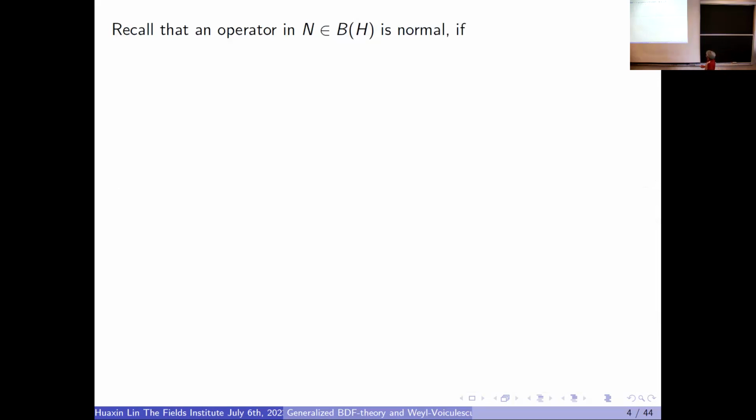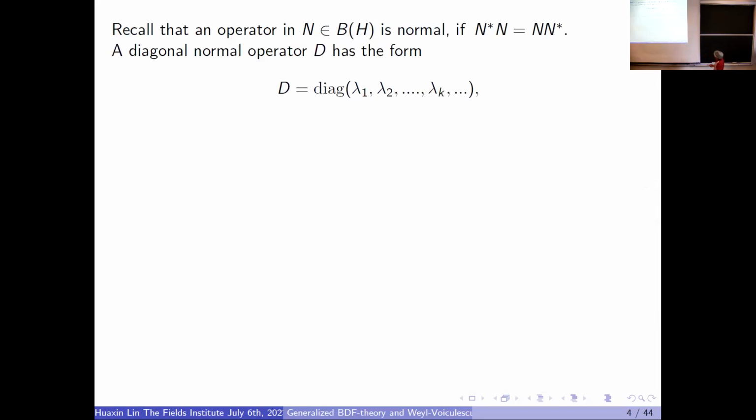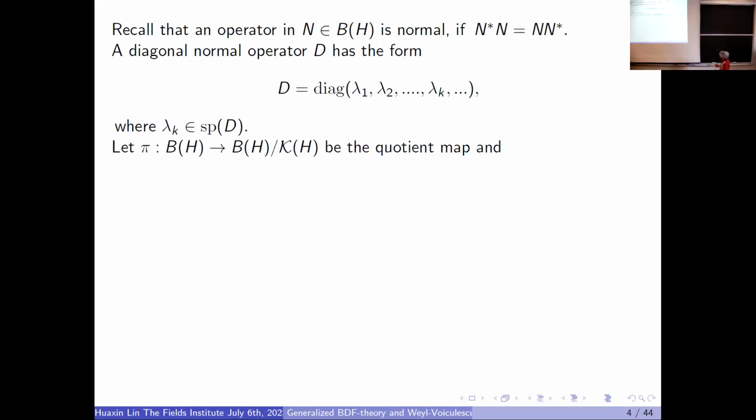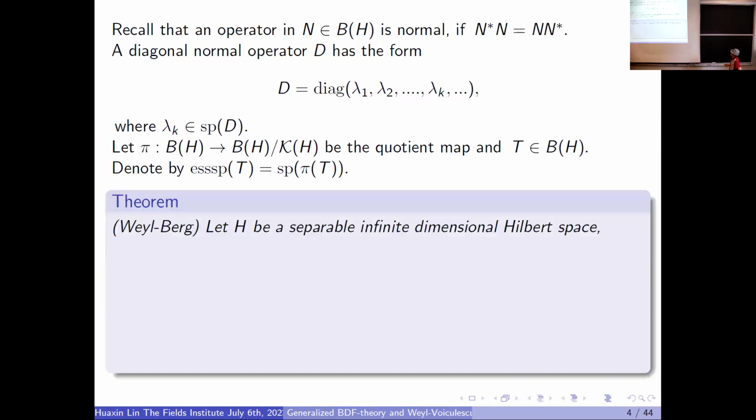Just in case, a normal operator means that it commutes with its adjoint, and a diagonal operator is just diagonal, with the lambdas in the spectrum of D. Let's say pi is the quotient map from B(H) to the Calkin algebra, and T is an operator on H. The essential spectrum of T is just the spectrum of pi(T). In that way, we restate the theorem like this.